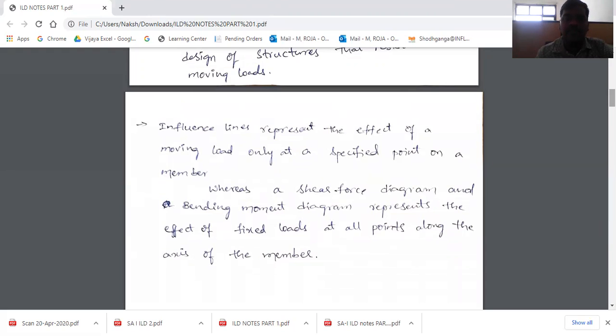Whereas the shear force diagram and bending moment diagram represent the effect of fixed loads at all points along the axis of the member.